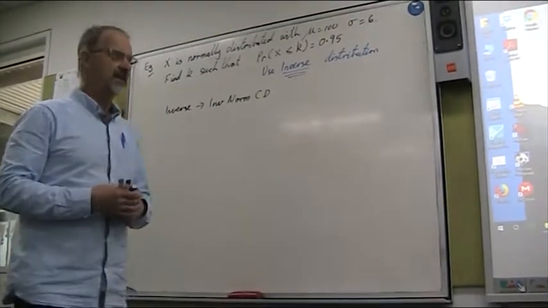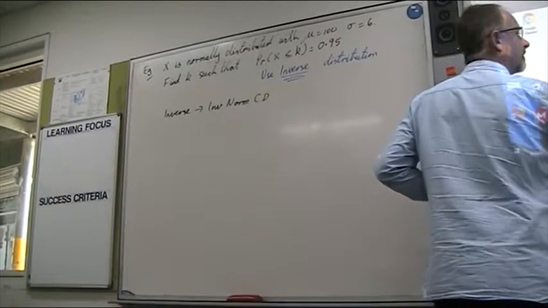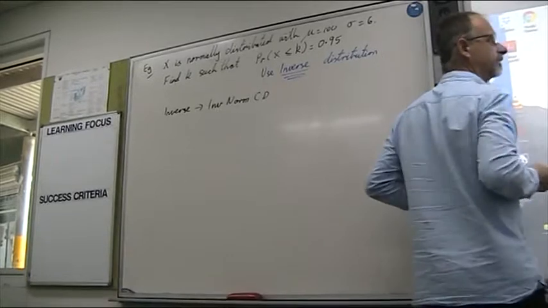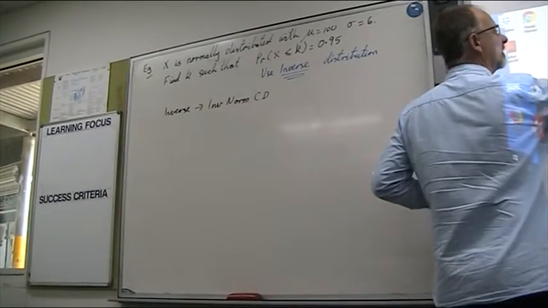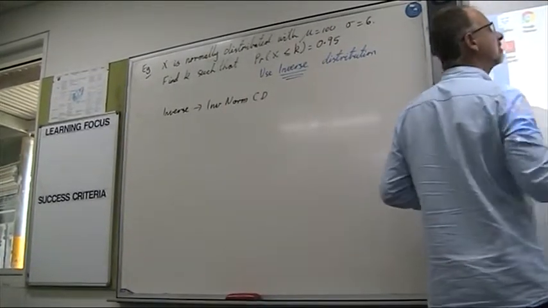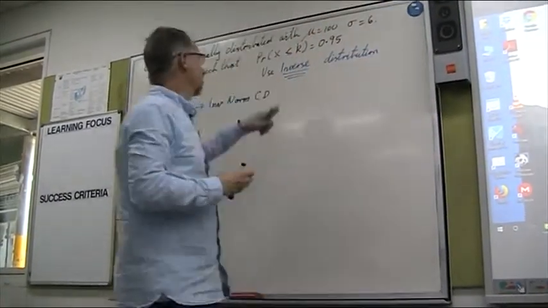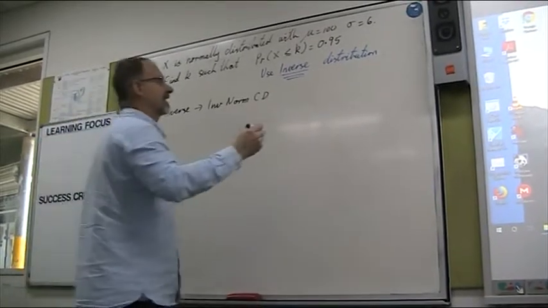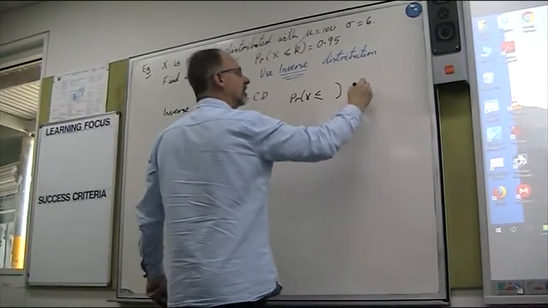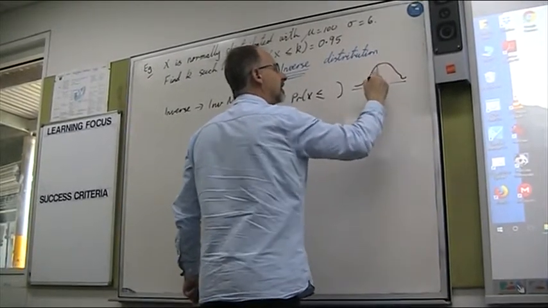Tail setting. See here, it's got a tail. When we refer to the tail, we mean these bits here: there's a tail, there's a tail. And this one here has centre, which means we're looking for something in here. So what do we want? We want x less than or equal, so the probability x is less than or equal on our graph. Here's our k, for example.